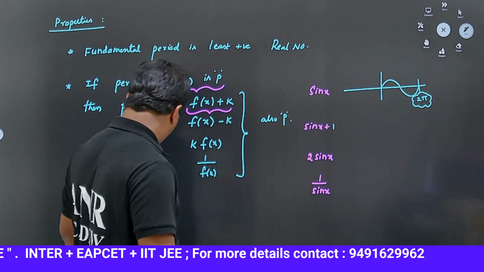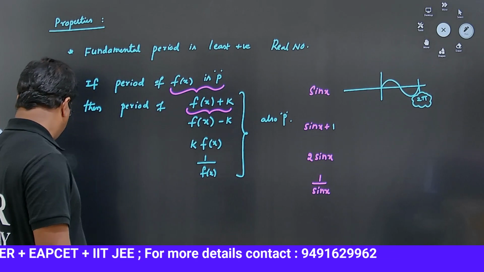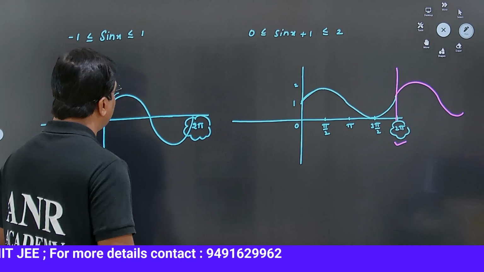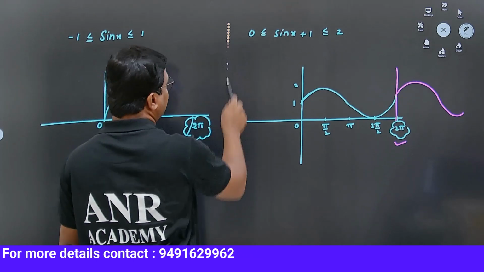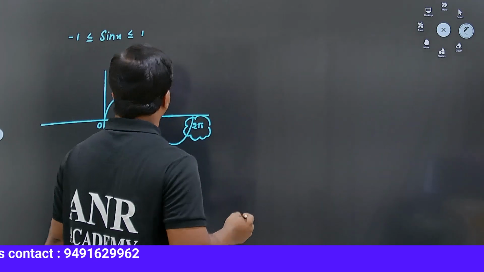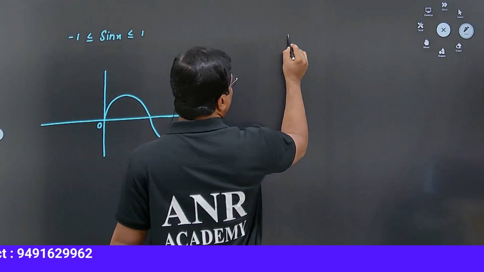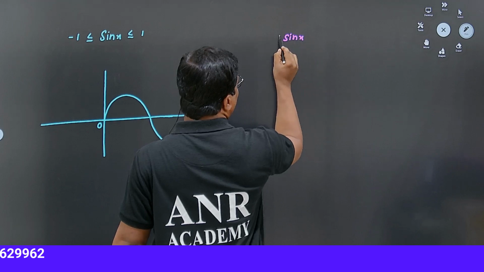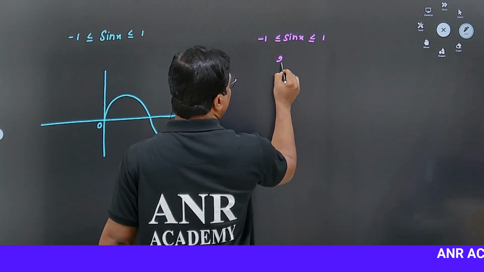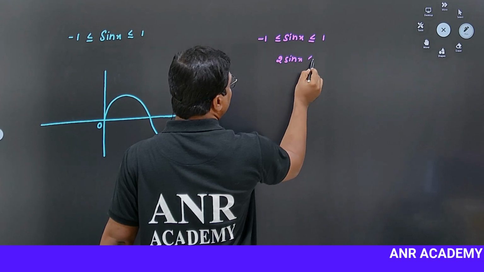Next, example 2 sin x. Suppose I am going to select the graph of 2 sin x. You know that the sin x value lies between -1 and plus 1, multiplying with 2, what happens?